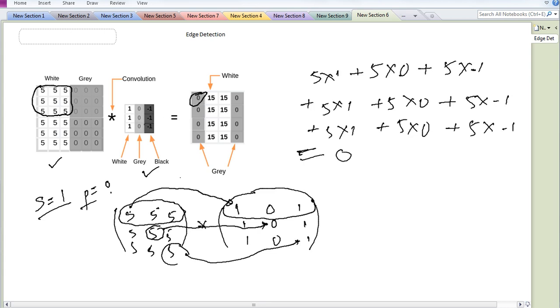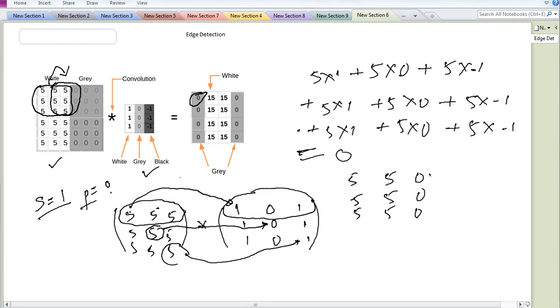Now if you move this filter one step ahead, you will take these values. If you take these values and multiply again, it will be like this: 5, 5, 5, 5, 5, 5, and 0, 0, 0.